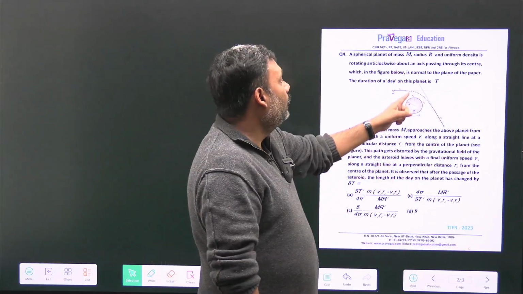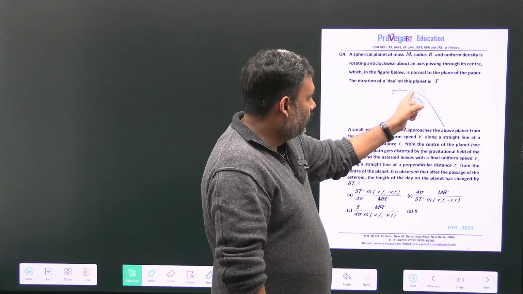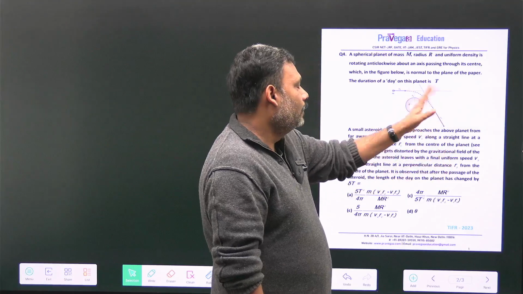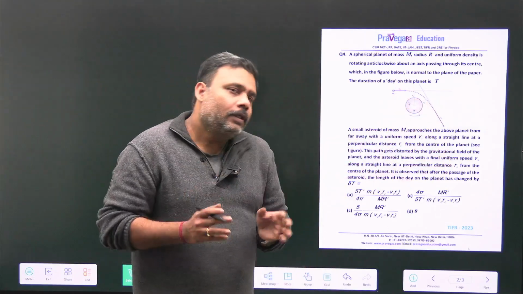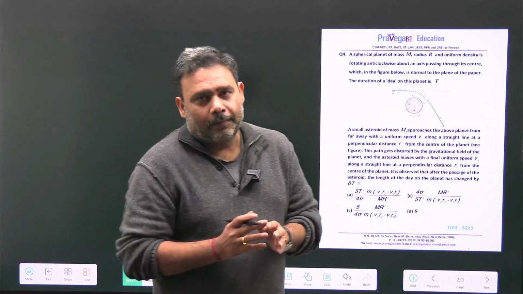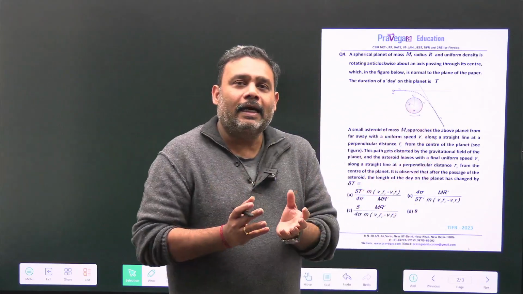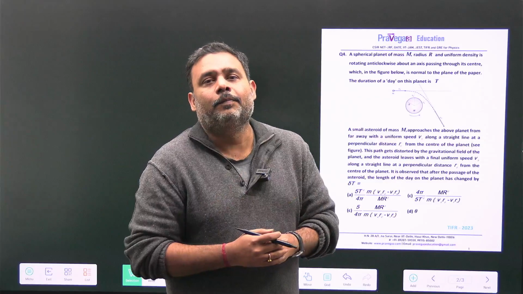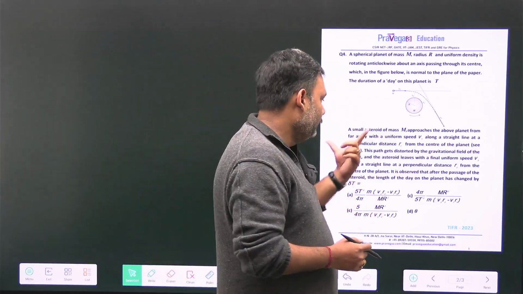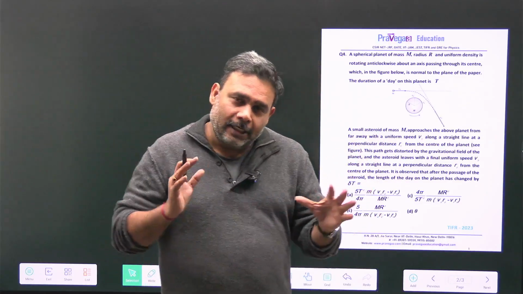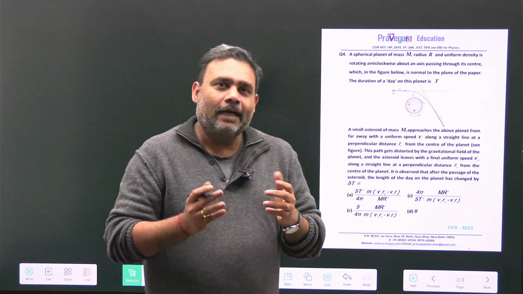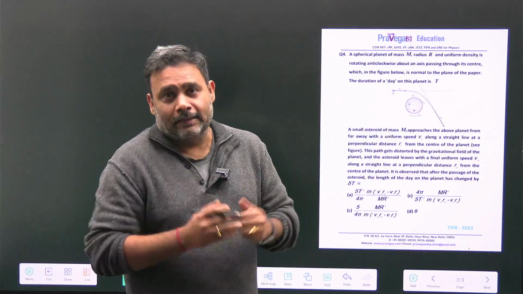The perpendicular distances of the incoming and receding paths are given as r1 and r2. During this process, the planet has changed its time period by delta T. So we have to calculate what this change is.